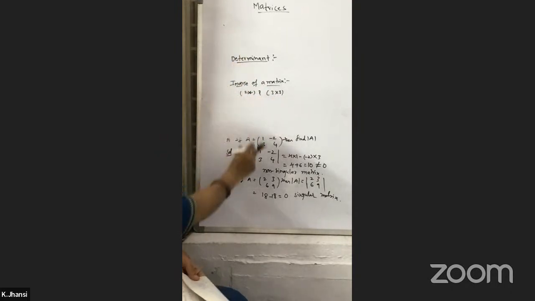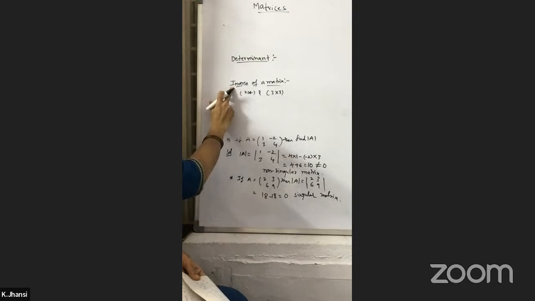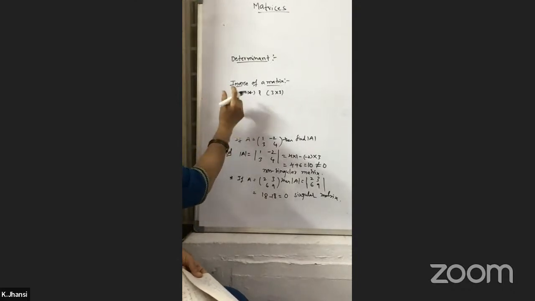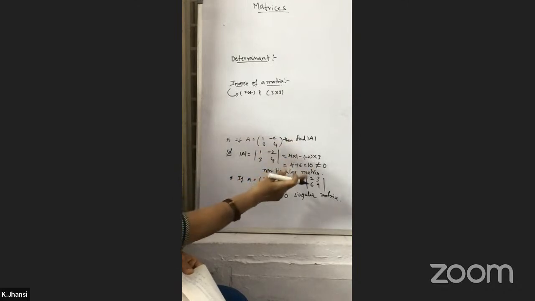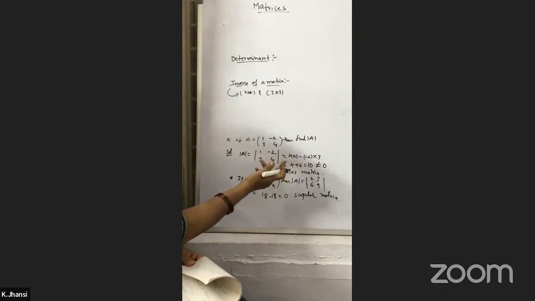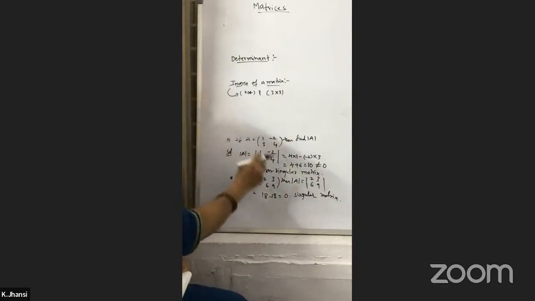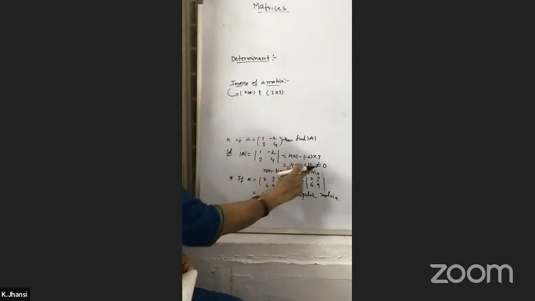Here we are talking about 2 by 2, so I will tell the inverse of a 2 by 2 matrix. A matrix will be given, any matrix. If A equals this, then finding the inverse of the matrix will be asked in the question. First, you find the determinant. The determinant should not equal 0. Why?